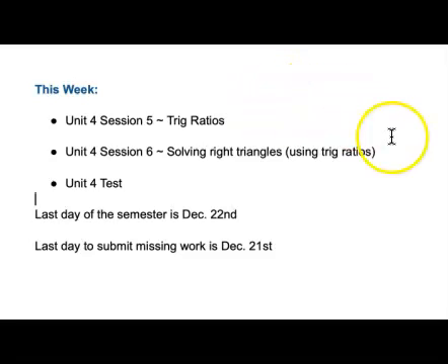And then you're going to learn how to apply those trig ratios so that you can solve for missing side lengths of right triangles. And then we're going to wrap up Unit 4 by taking the Unit 4 test. Those are the last tasks for the semester. So once you are done with this week's folder, you are done for the semester.